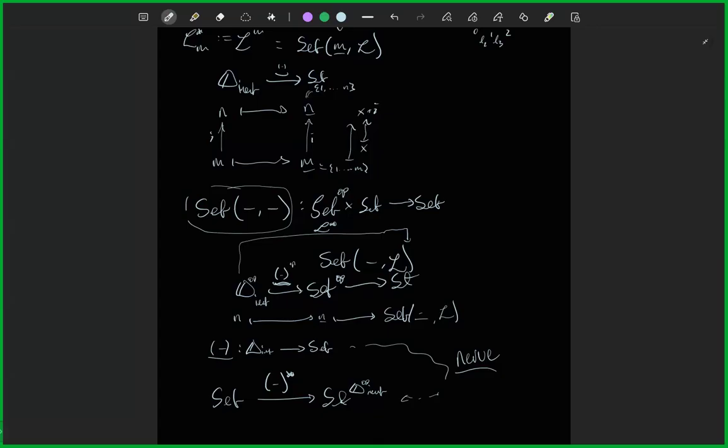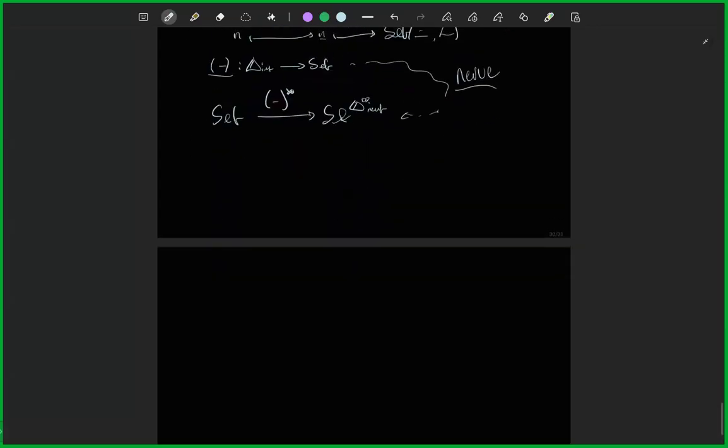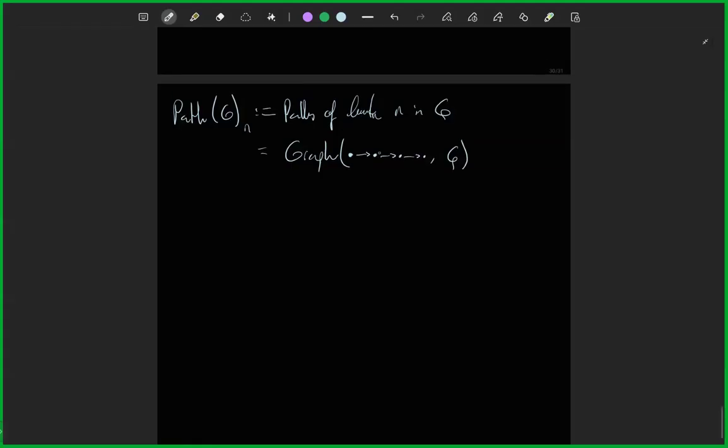Okay, so L star was formed by a nerve, but we also had path G. Remember, path Gn was defined to be paths of length n in G. Now, I believe we covered this before, but a path of length n in G is a homomorphism of graphs from a graph that's very simple like this into G, where this has n many steps.